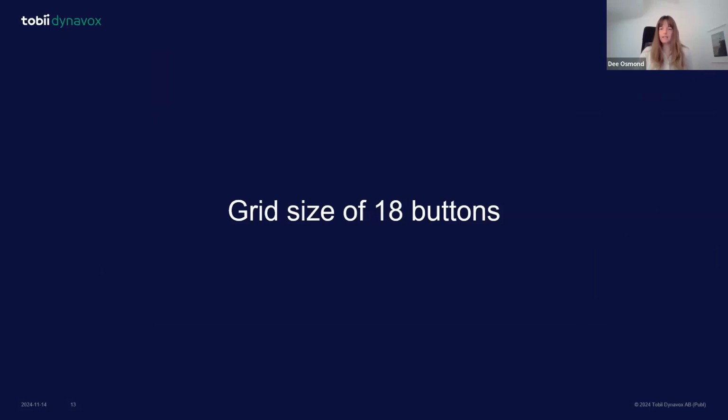It's 18 buttons per page. And this allows for really simple navigation. By having that supported message building, once you're in a theme, you stay there the whole time that you're communicating about it. And then, of course, within each theme, there is space for personalization as well.